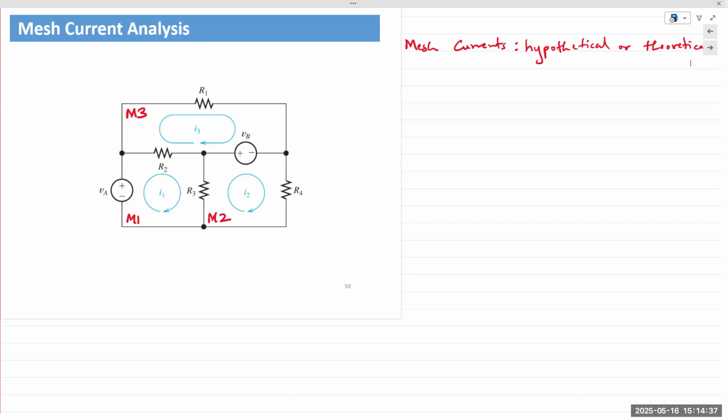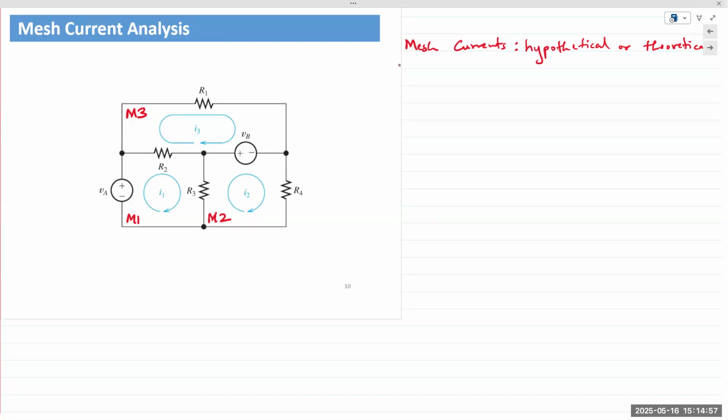Then you assign a mesh current inside each mesh. Okay, the direction of the mesh current does not matter. It can be clockwise, it can be counterclockwise. It absolutely does not matter. As a force of habit that I've developed over the years, I always choose clockwise.